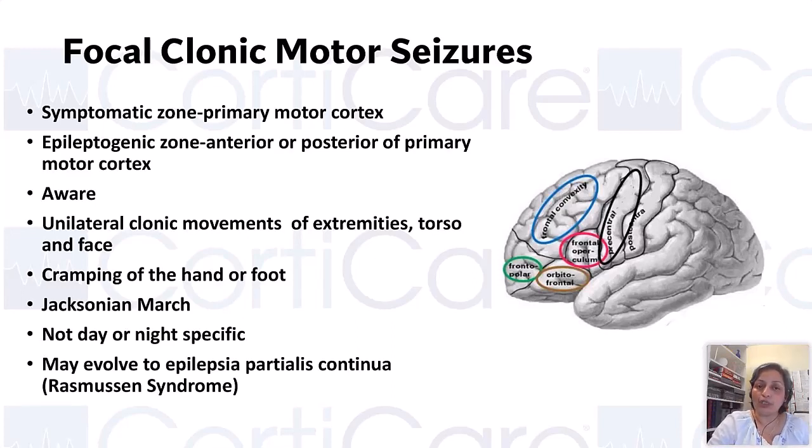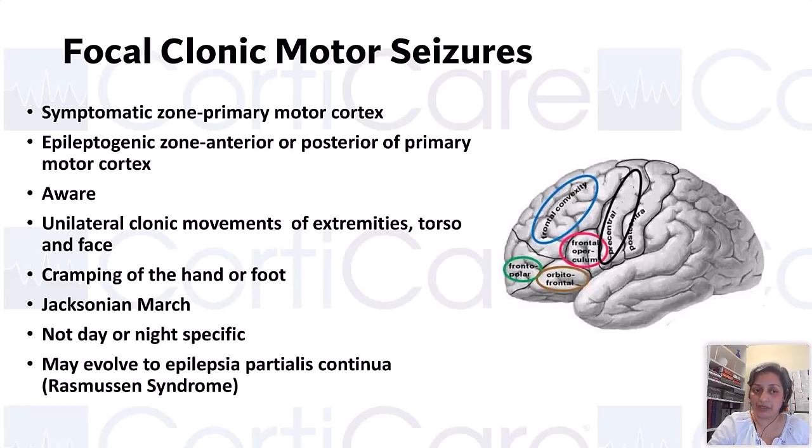So for the focal clonic motor seizure, the symptomatic zone is the primary motor cortex. Now, the seizures can be originating from anterior or posterior to the primary motor cortex. So this area may not be solely responsible, is not an epileptic area. The area could be in the front, or a little bit posterior to that.